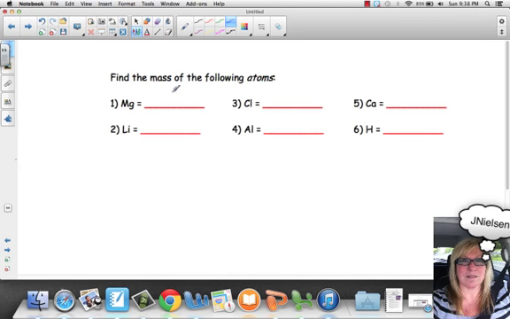So let's find the mass of the following atoms. All you're going to do is look up the mass on the periodic table and then write the units AMU. So for example, magnesium is 24.305 AMU. I'm looking these right up off the periodic table. Li is 6.941 AMU. Cl is 35.453 AMU.